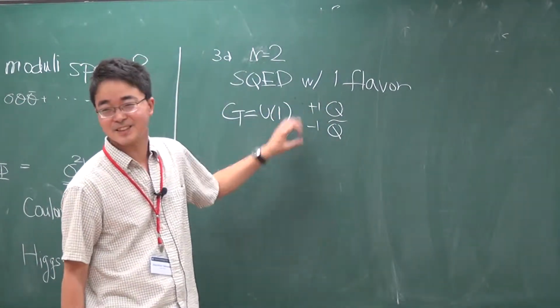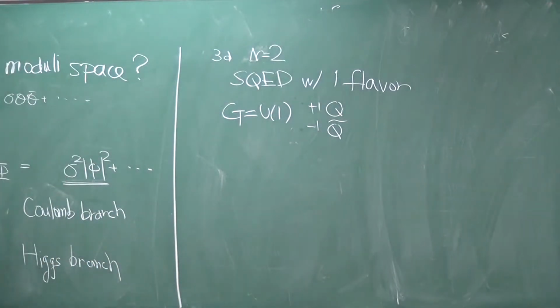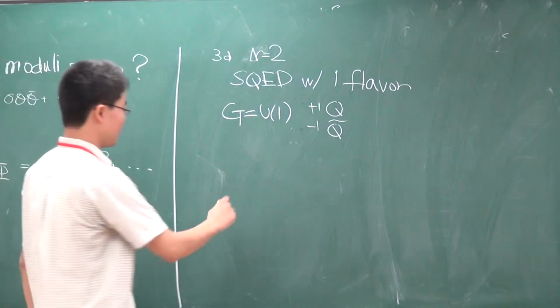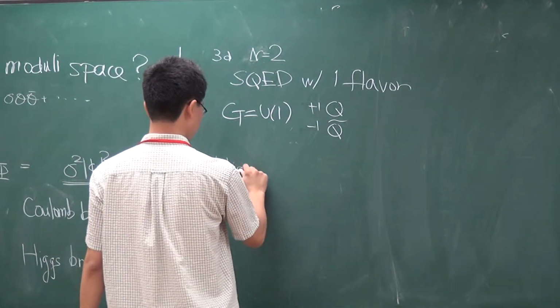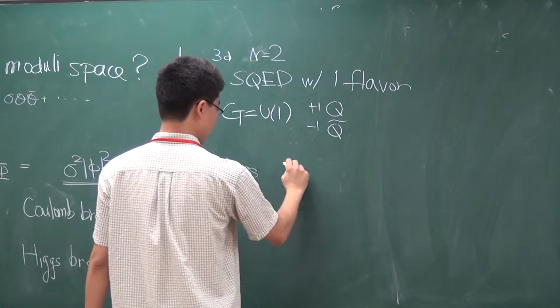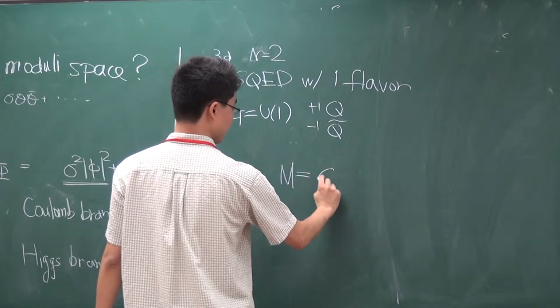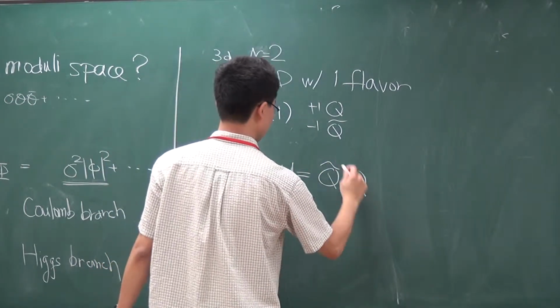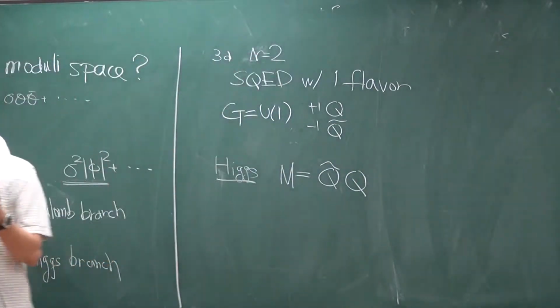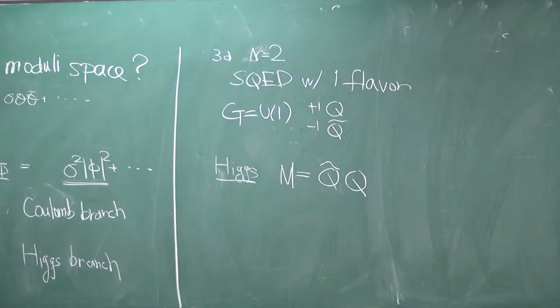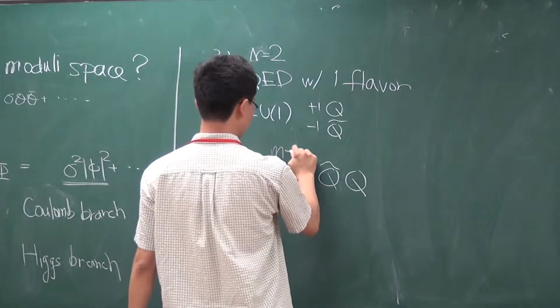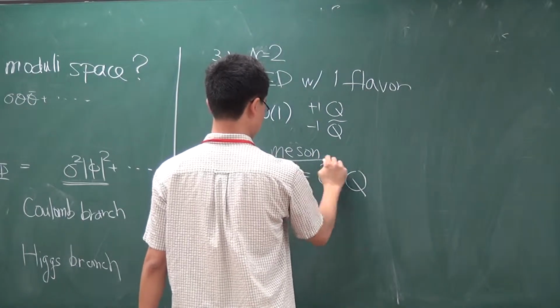But the point is that these are charged under gauge symmetry, with charges plus 1 and minus 1. So in the Higgs branch, we have this gauge invariant combination, which is Q tilde Q. Recall that everything is a bosonic variable, so I don't really worry about the order. This is the meson, which parameterizes the Higgs branch.